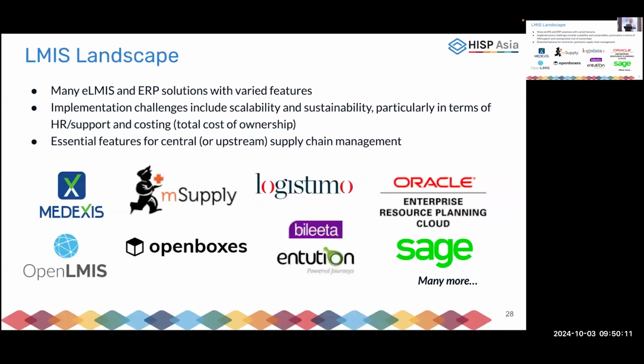And then lastly, and this one we can also take offline and in the breaks, how do we fit in with all of these other tools? Here you see just a few of them, just 8 different ones mentioned, but there are actually hundreds out there. There's no lack of tools or features available. The ability to successfully implement them at the last mile at health facility is the key issue that is being faced. It's not the quality of the tools, it's the ability to implement them successfully over time.